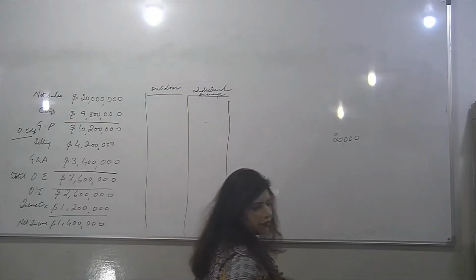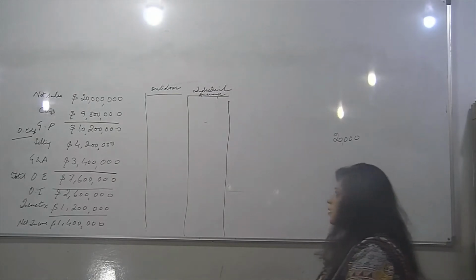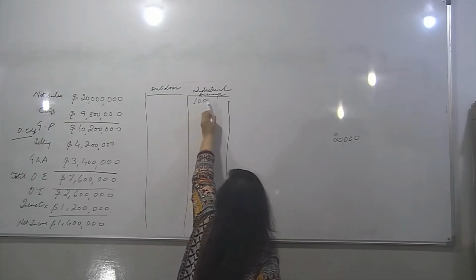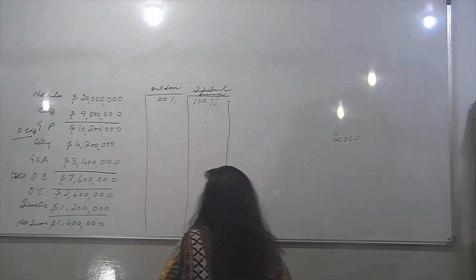Okay, I'm going to be dividing now one by one so that you can also see each and every step. So first of all, both of them are at 100%. That is easier to determine just by looking at this.